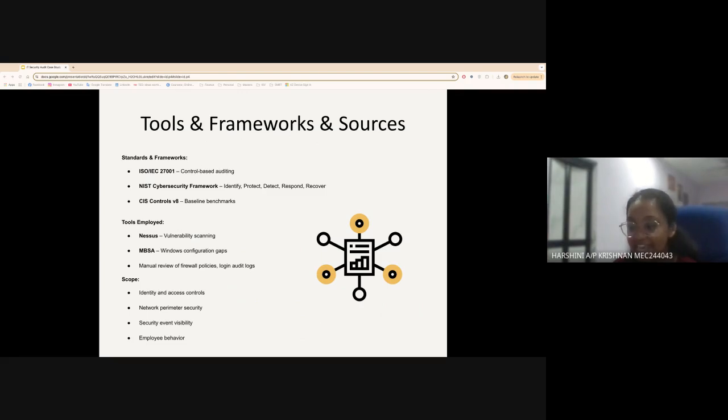Beyond automated scans, we also manually reviewed firewall policies and login audit logs to detect anomalies and configuration drift that could enable lateral movement. We covered four audit scopes: identity and access controls, network perimeter security, visibility of security events, and employee behavior and response readiness. Next, I'll pass to our CISO.